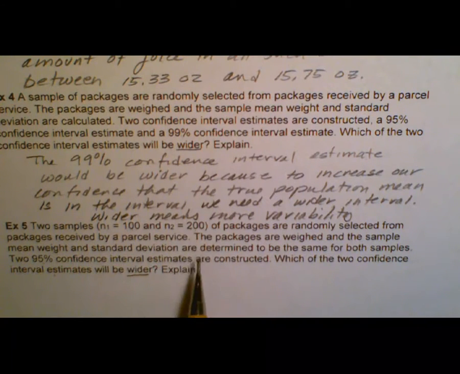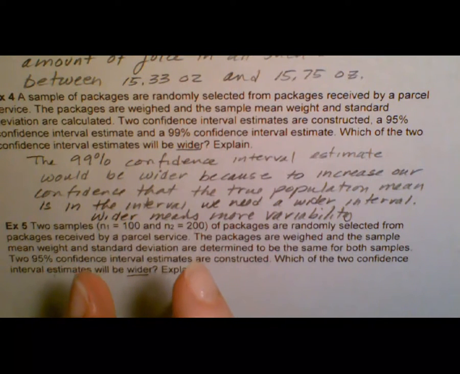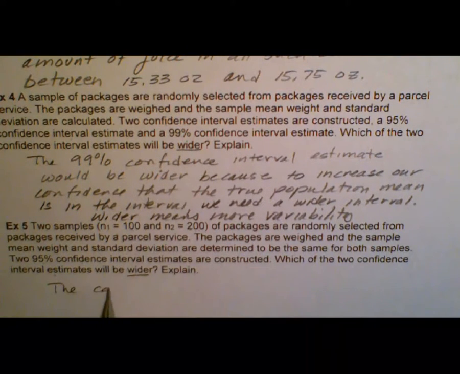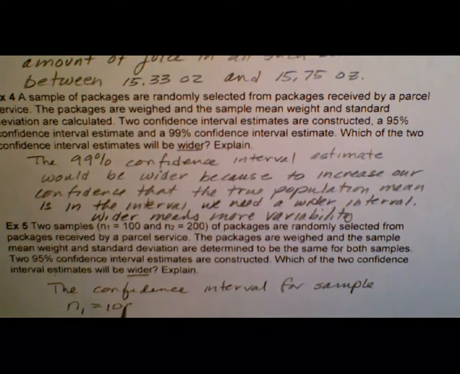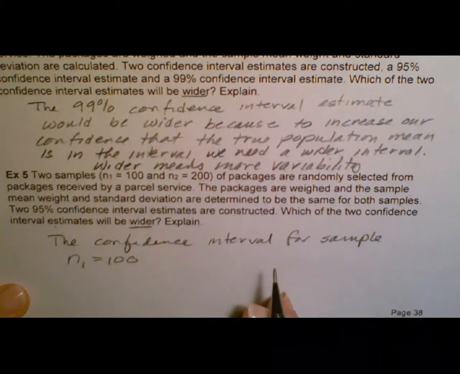So what we saw before was, as you increase the sample size, you decrease the width of your interval. So in this case, the confidence interval for sample N1, which was 100, would be wider.